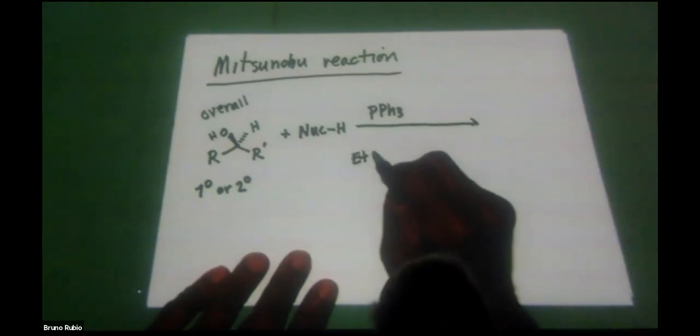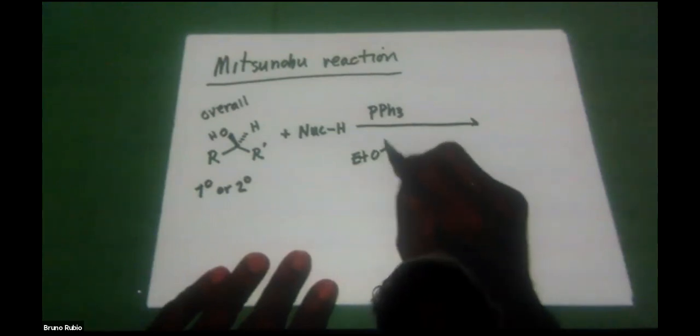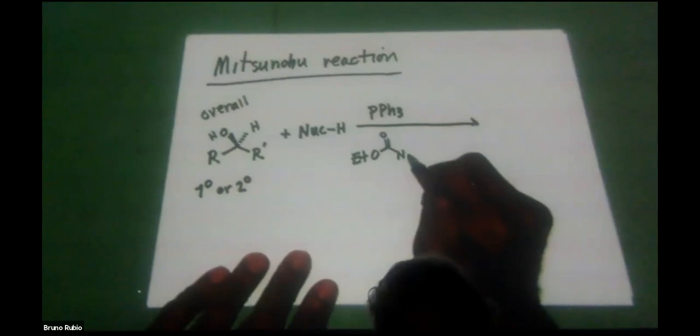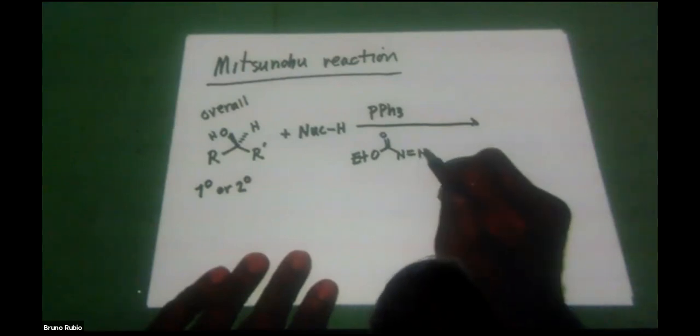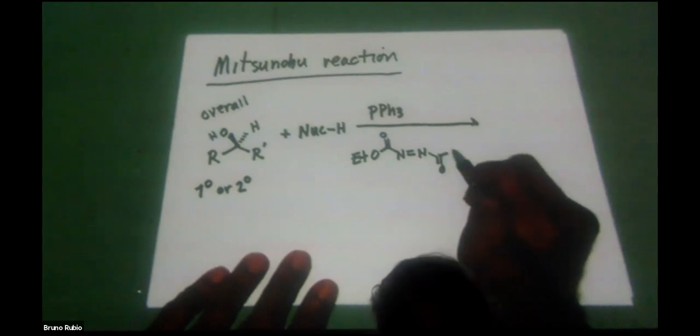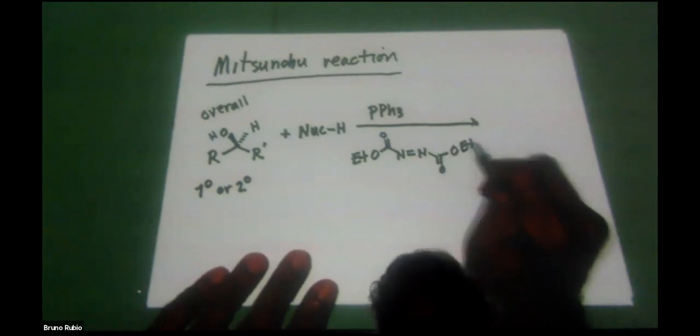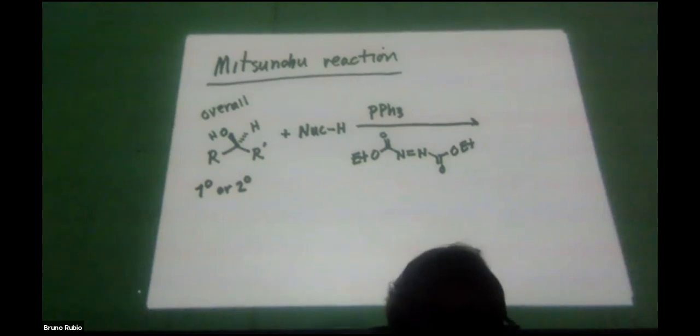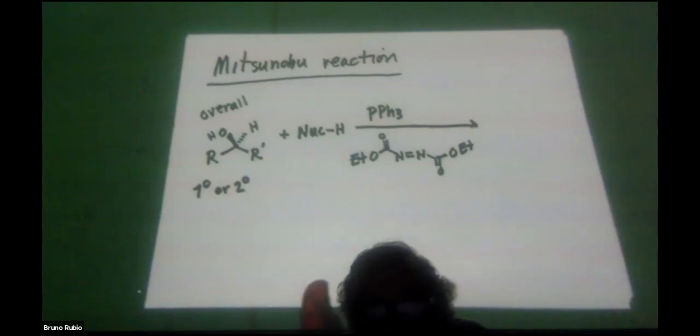Et, that means ethyl. This stuff, that's a nitrogen atom. That's another nitrogen atom. This stuff is called diethyl azodicarboxylate.